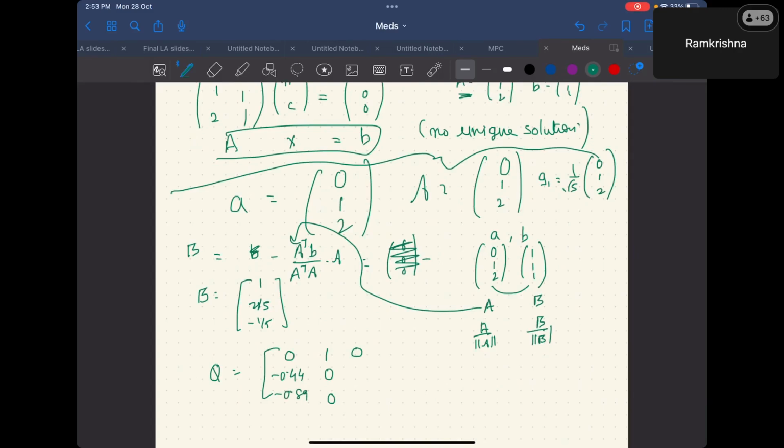This will be minus 0.89, 0.44. R will be an upper triangular matrix of minus 2.23, minus 2.23, 0, 1, and 0, 0. So I'm just doing the computations and simplifying. We can check this again by ourselves.